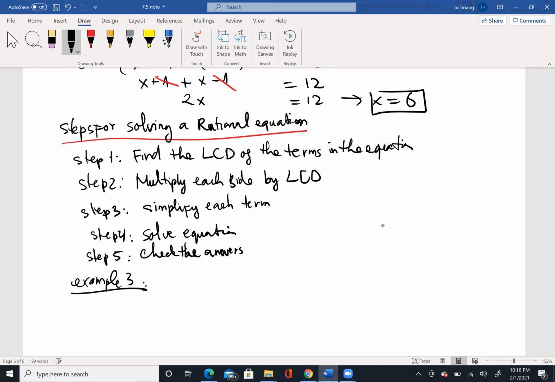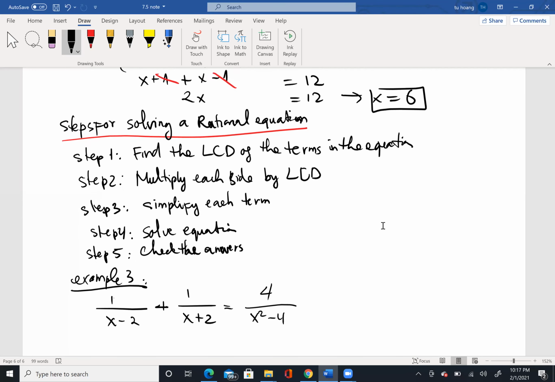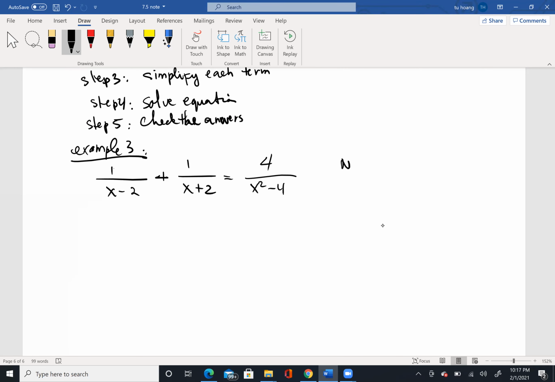Let's solve 1 over x minus 2 plus 1 over x plus 2 equal to 4 over x squared minus 4. I want to note that I have 3 denominators here. The first gives x minus 2 not equal to 0, so x not equal to 2.